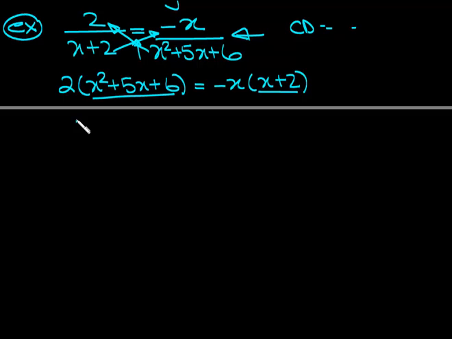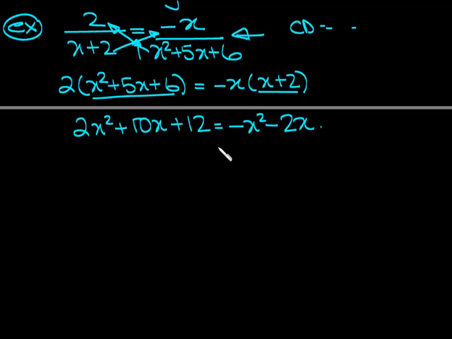We're going to get rid of the parentheses, so we get 2x squared plus 10x plus 12 is equal to, so what do we get on the other side there? We would end up with negative x squared minus 2x. Okay, so that's what we end up with on the right hand side. Alright, so now we want to go ahead and solve this equation.